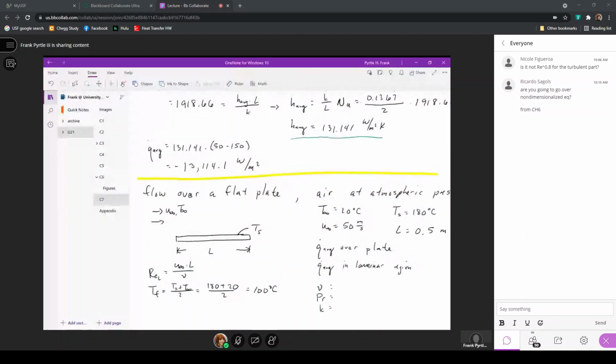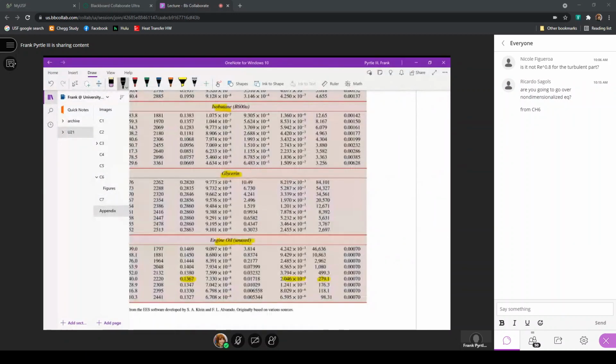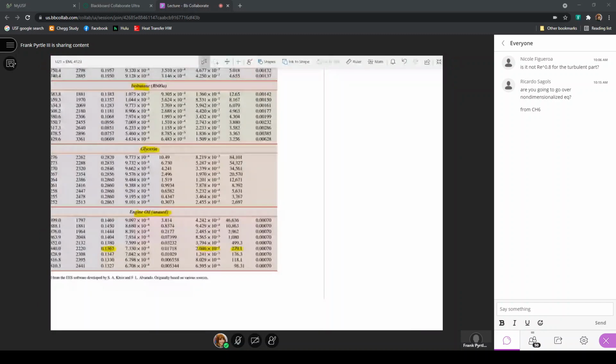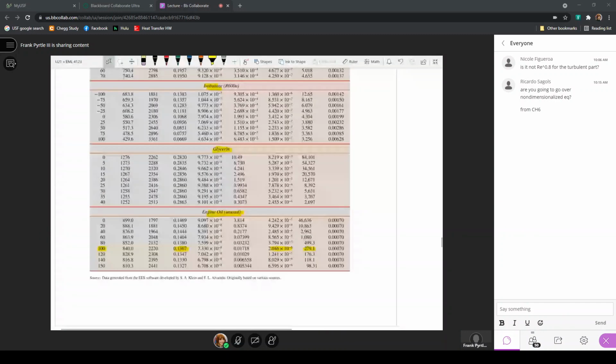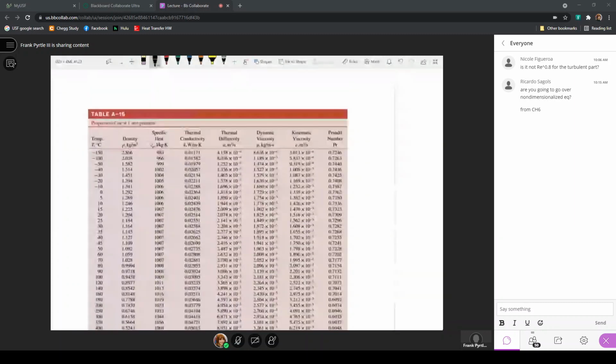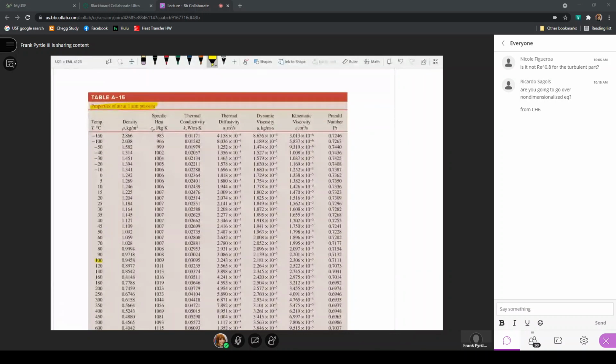So I'll go back to the appendix here. And for atmospheric air, that is table A15. So here we have properties of air at 1 atmosphere. And here we're evaluating at 100 degrees C for the film temperature.